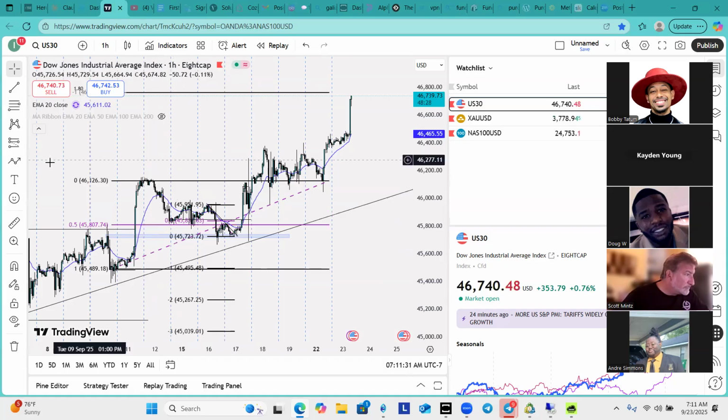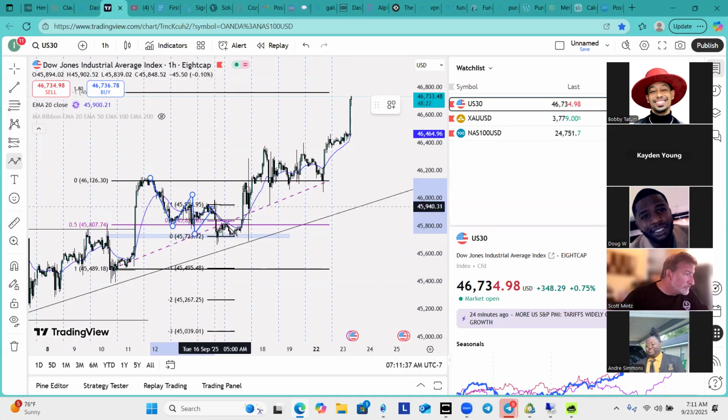When you look at it, we have one, two, this was the third push, right at 50% of this original breakout leg, of this initial breakout. It broke out of the previous highs, so price pulled back about 50%.